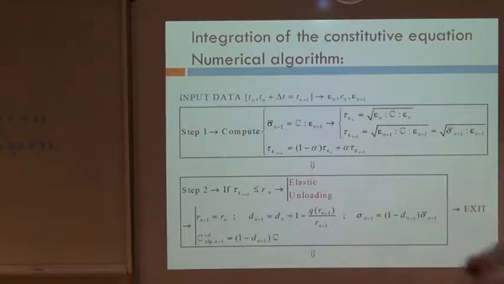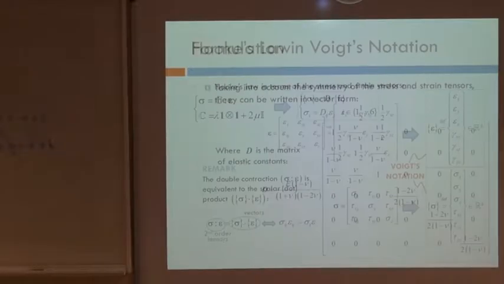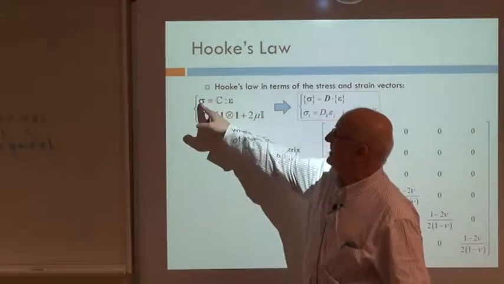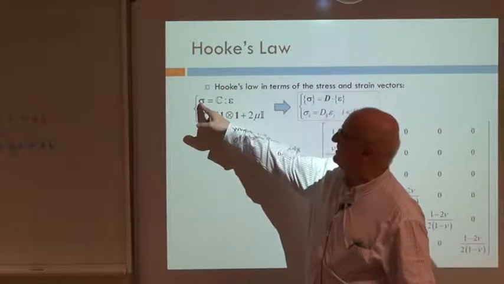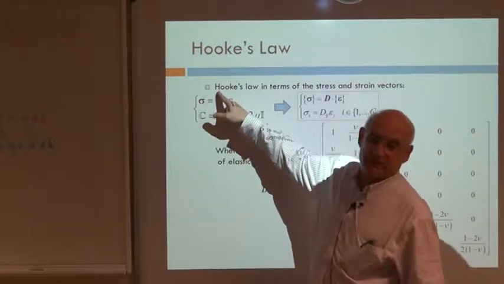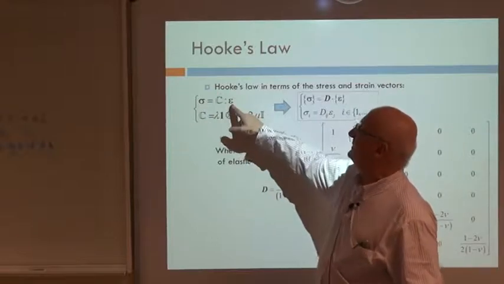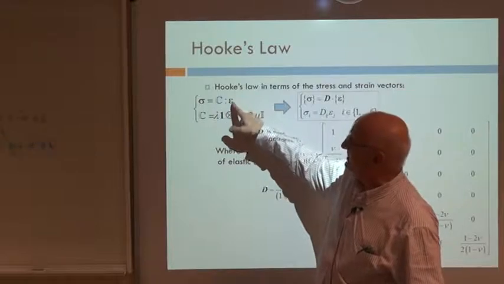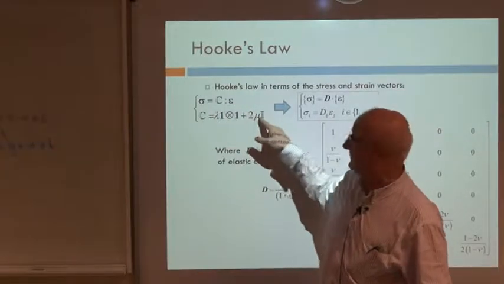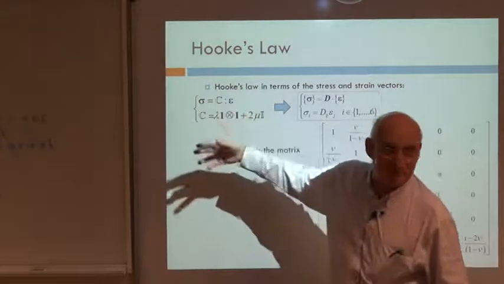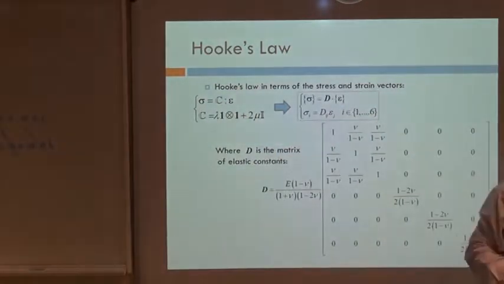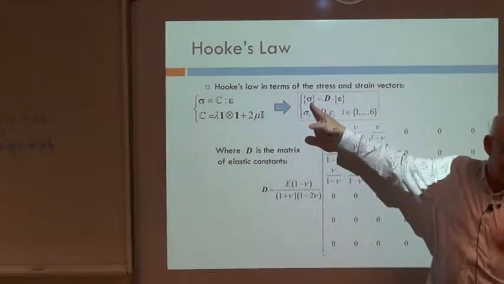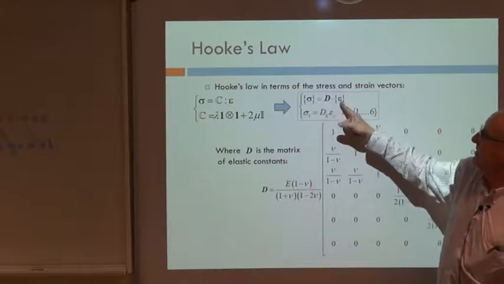Well, what happens with that? It can be also proven that this equation here, that relates the tensor of stresses is equal to a 4th order tensor, isotropic tensor, times the double dot product times the strains, where this is a structure here, so this gives rise to some expression, can be replaced in the Voigt's notation, saying that that vector 6 times 1, column vector 6, is equal to a matrix.